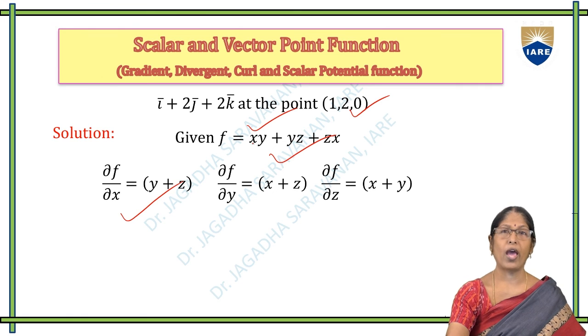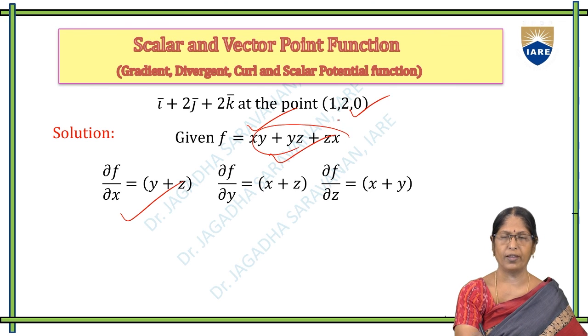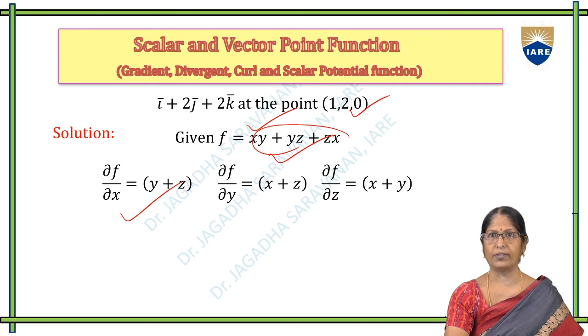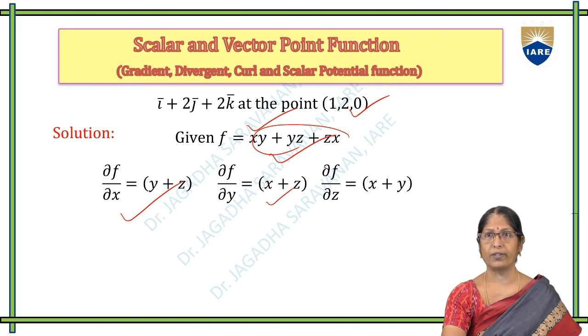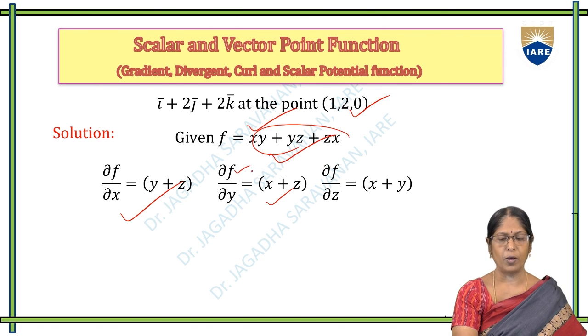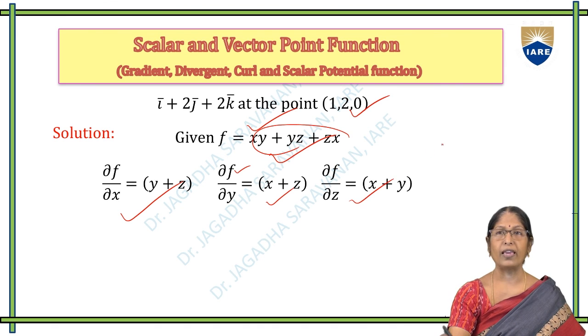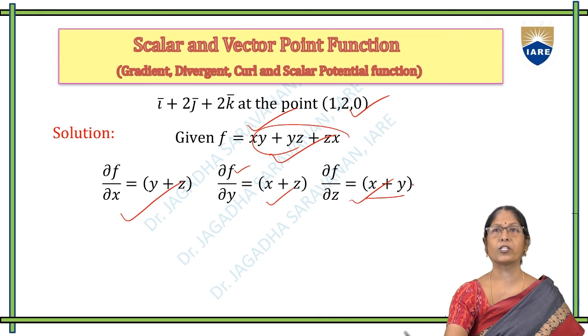Now, we already discussed this same function before. ∂f/∂x is y plus z. ∂f/∂y is x plus z. And f partially with respect to z, the result is x plus y.